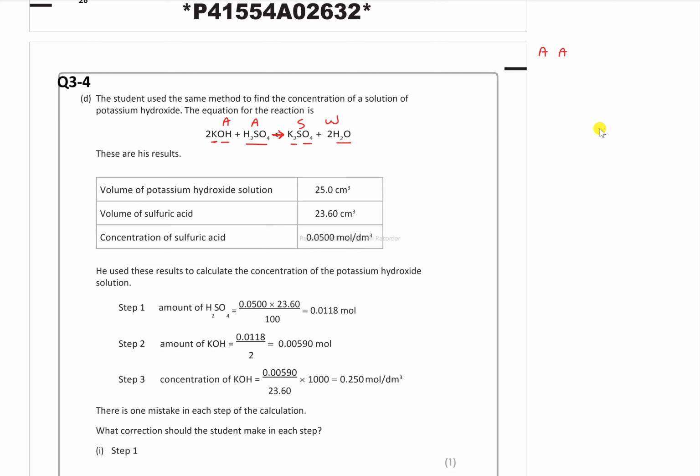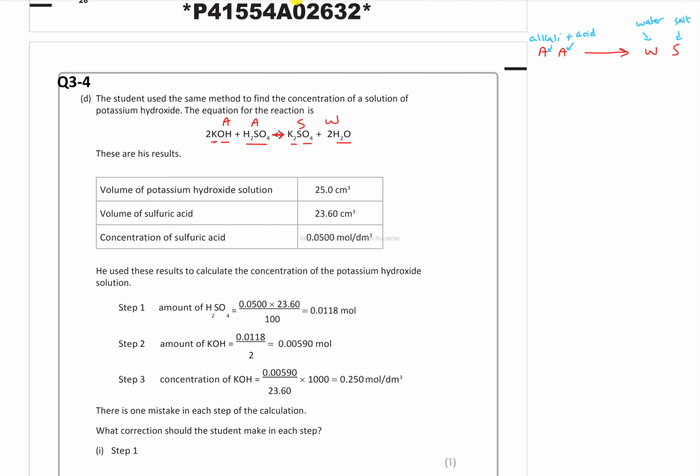Ores. So that is, let me get this right. This is alkali plus, so that's alkali. That there is acid. Gives water and salt.